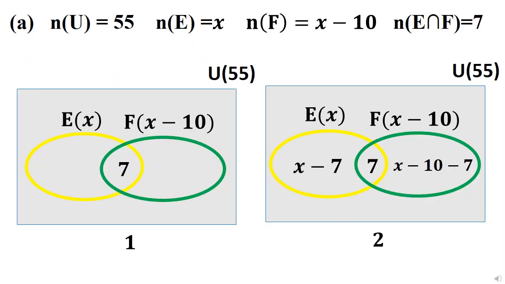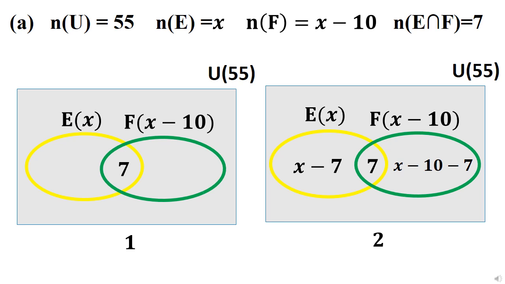We have number of U equal to 55, number of E equal to X, number of F equal to X minus 10, and number of E intersection F equal to 7. We will show this on a Venn diagram, and after that use the Venn diagram to answer the questions given to us.